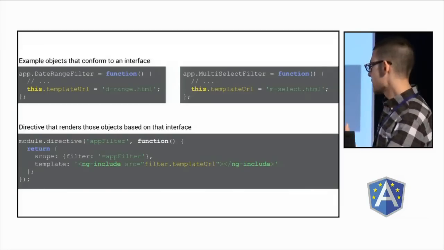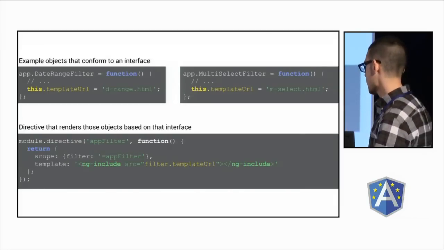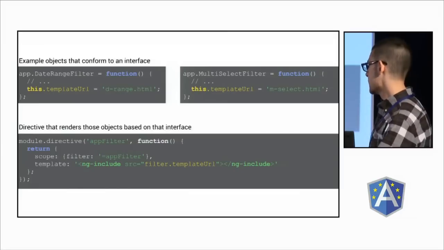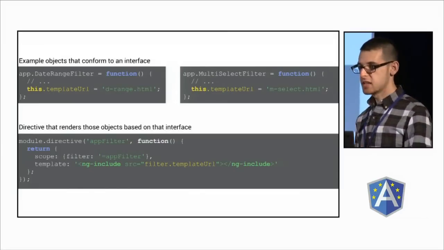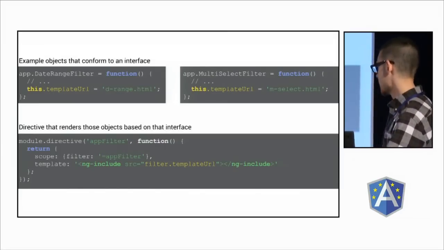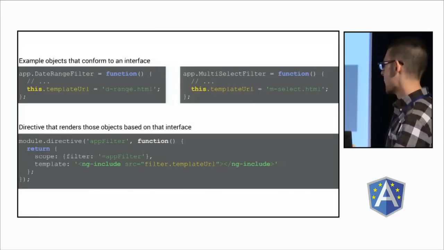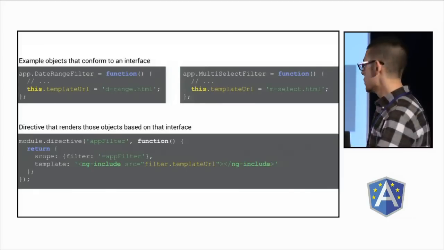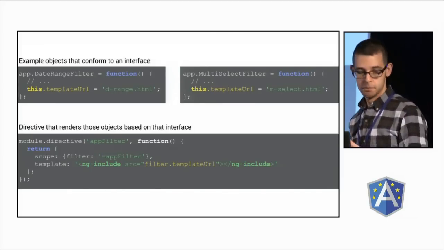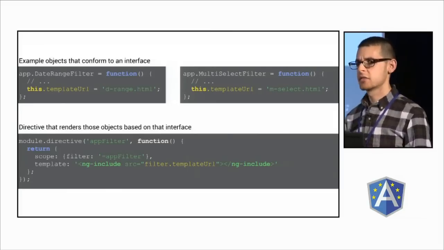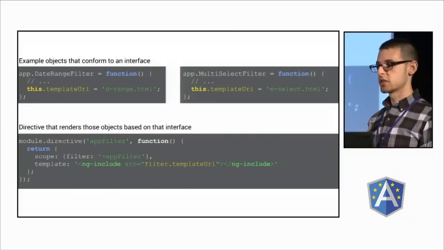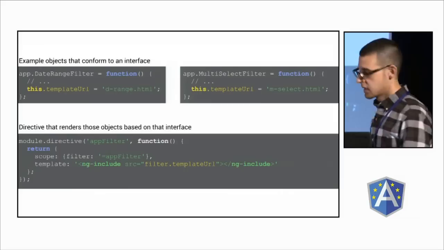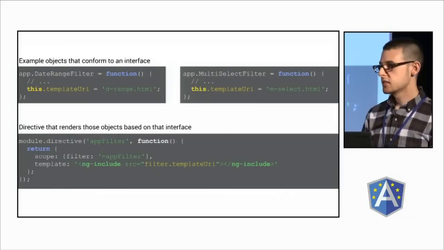And we create a very, very short, simple directive that does nothing but bind to a single filter, does an ng-include on that filter's template URL, and binds that filter object as filter to that filter's template. In this way, that filter acts as a controller for its own template, its own edit form.